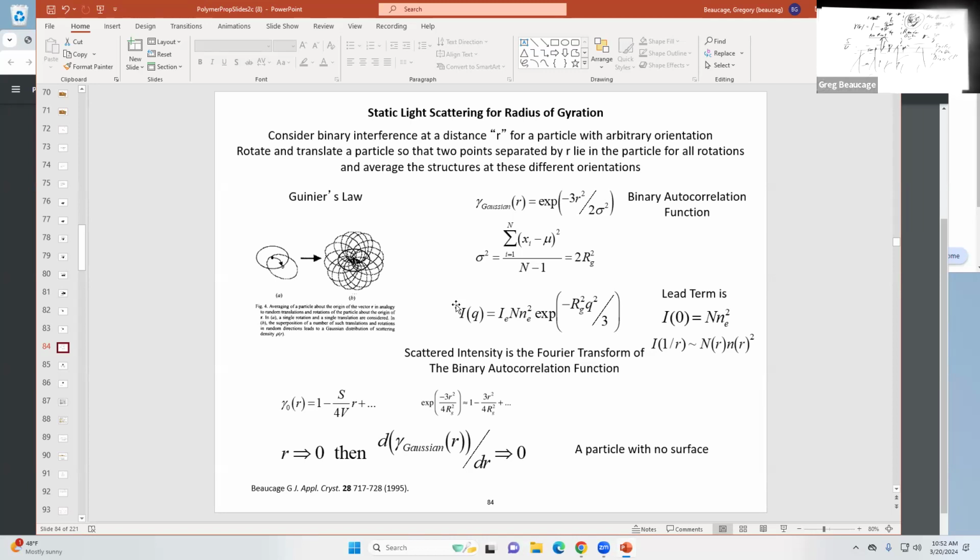So you can see, all right, if you Fourier transform this thing, then you're going to get surface to volume ratio times q to the minus 4. That's called Porod's law. So that's surface scattering.